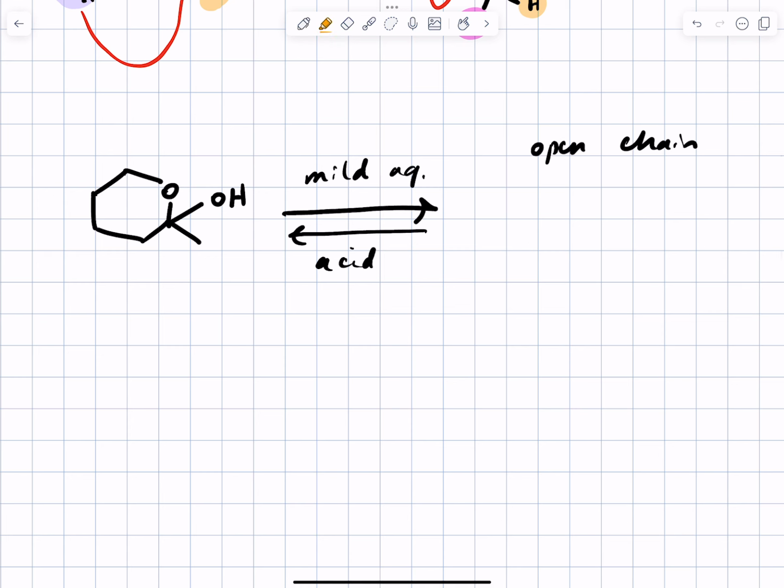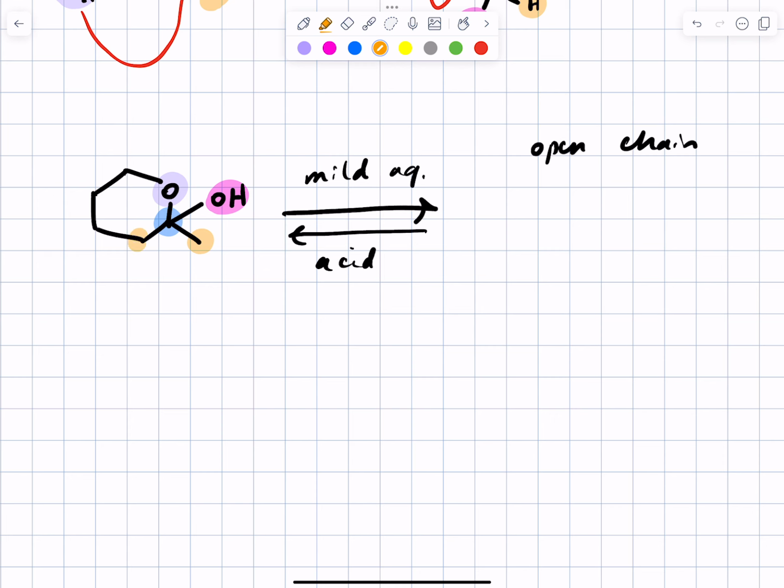And to do that, again, how do you recognize that it's a cyclic hemiacetal? Well, look for the OH group. Look for the OR group, where the OR group is tied back to the same carbon that the OH group is on. The carbon that bears the OR and the OH used to be the carbonyl carbon.